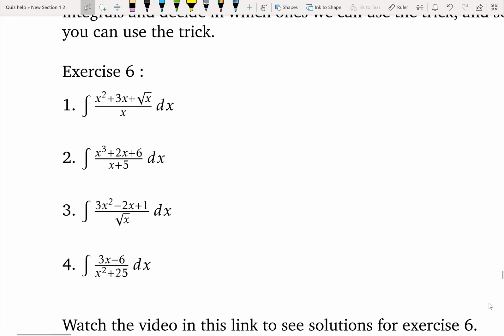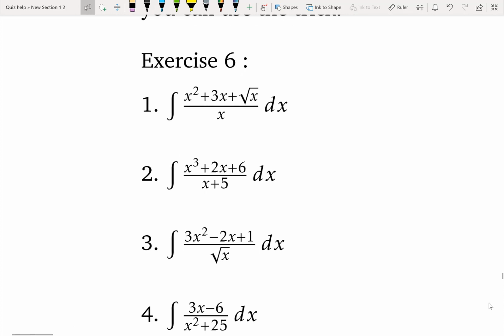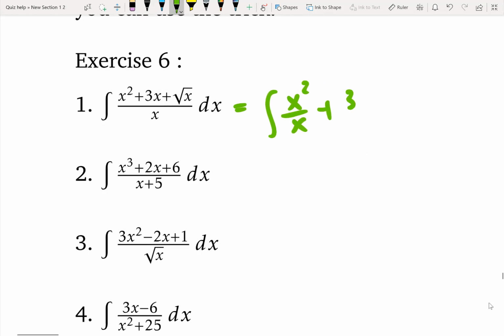Don't do that if your denominator is a little bit complicated. I will show you examples when not to do it. How about question 1? Oh, it looks like a mess, right? But look at the numerator, it's big versus the denominator. So let's split it out. Let me do it slowly. 3x over x plus square root of x over x.